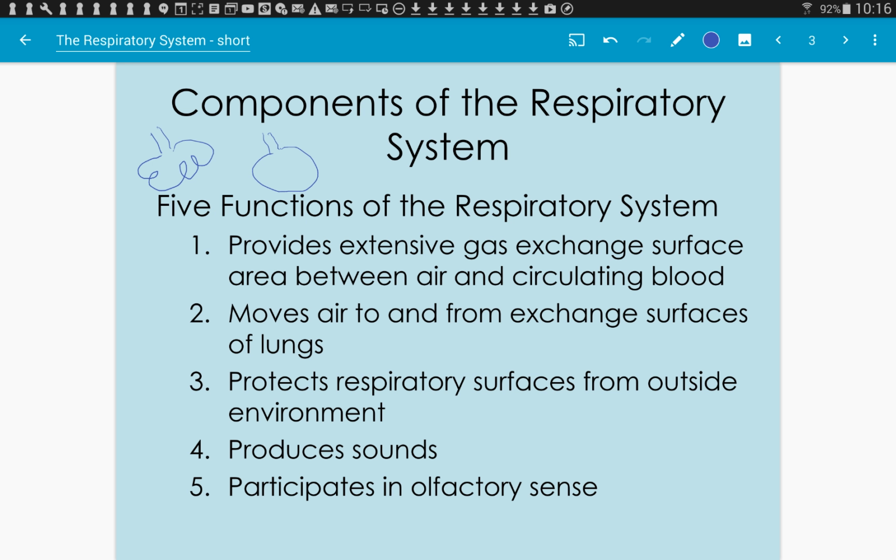Another function of the respiratory system is actually to protect the respiratory system from the external environment. So there's a couple ways that can happen. For example, lining our trachea is that pseudostratified ciliated columnar epithelial cells.